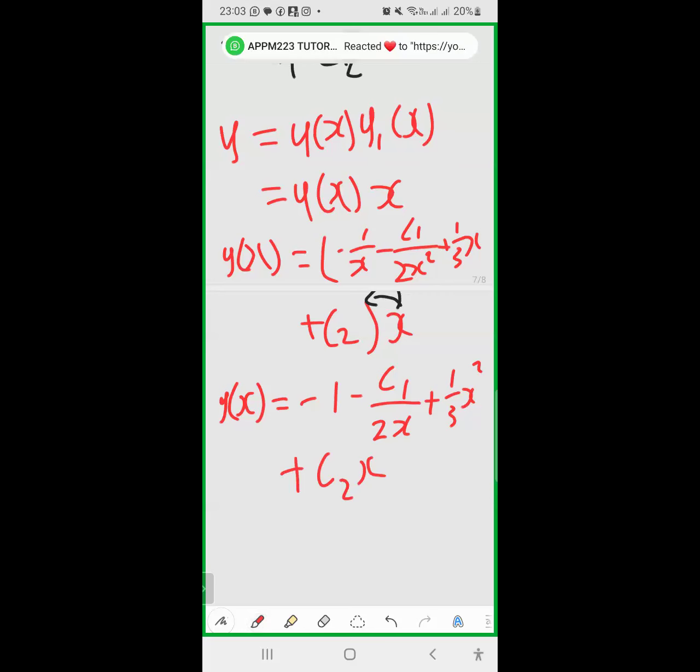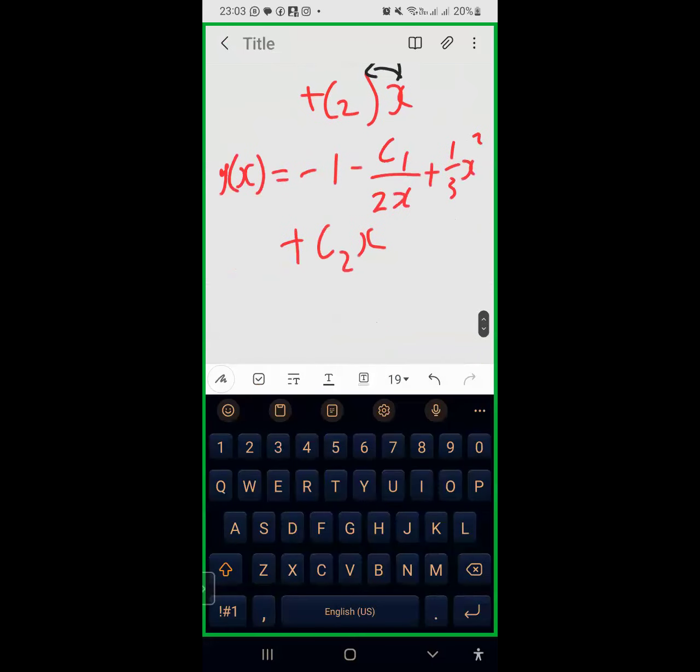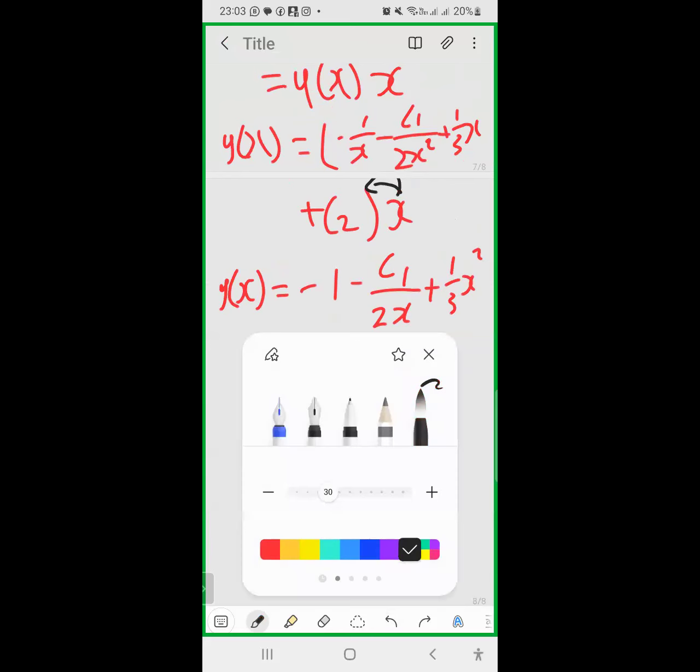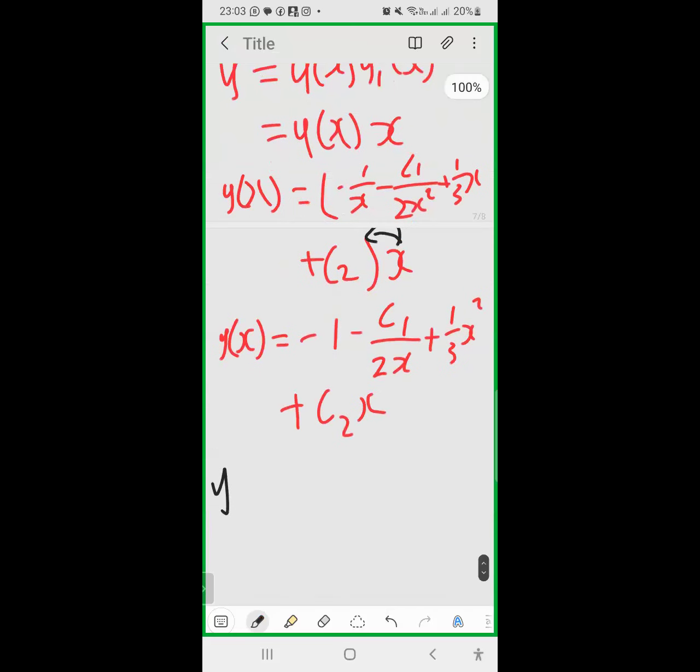Then let's rewrite the equation. y of x, let me use a different color. I prefer black. So this is going to be y of x equals c2 of x minus 1 over 2x c1 plus 1 over 3x squared minus 1.